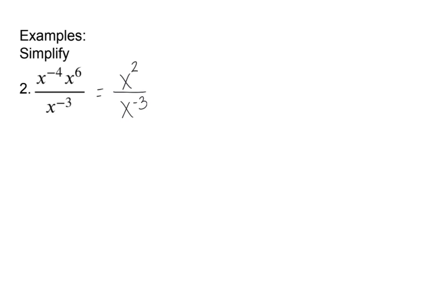Now I've got to use another rule to put these two together. I think I'm going to use the second rule that says when you're dividing, you take this 2 and subtract this number here. Now you've got to be careful because that's a negative 3. What we're really doing here is 2 minus a negative 3 because we've got to subtract them.